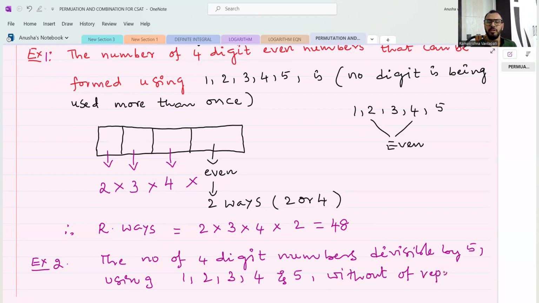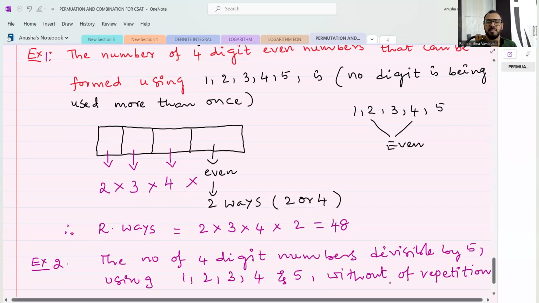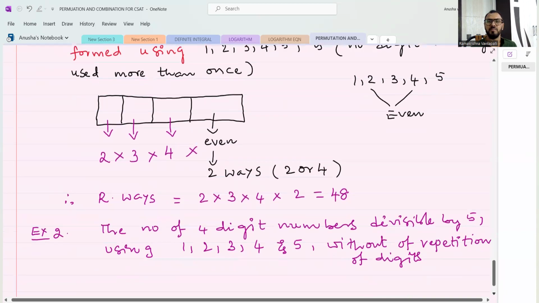In the meanwhile, you can write without repetition of digits. It won't take more than a minute if you get the proper idea.